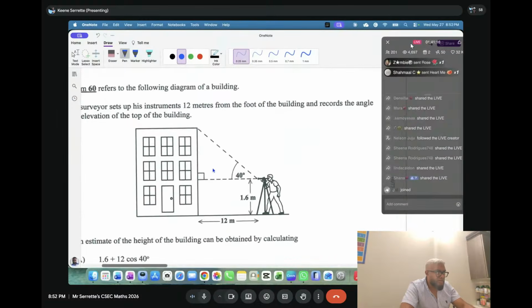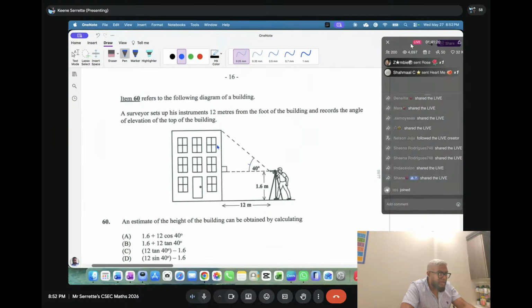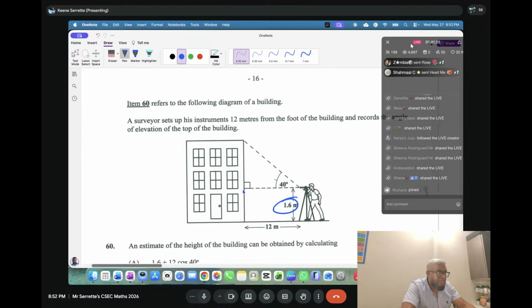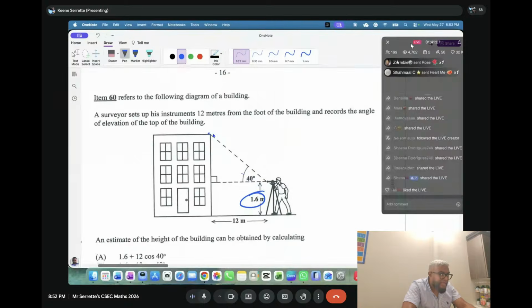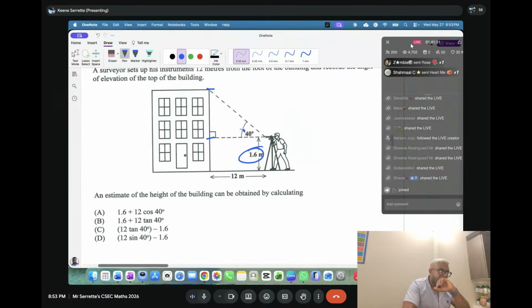Right. So they want to know, estimate the height of the building, right? We know here is 1.6, right? So we need to figure out what from here to here would be, right? So we're doing opposite over adjacent.